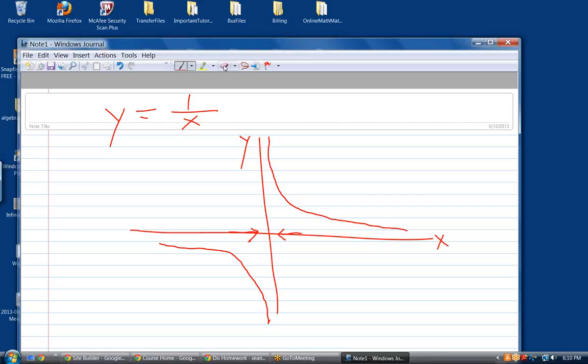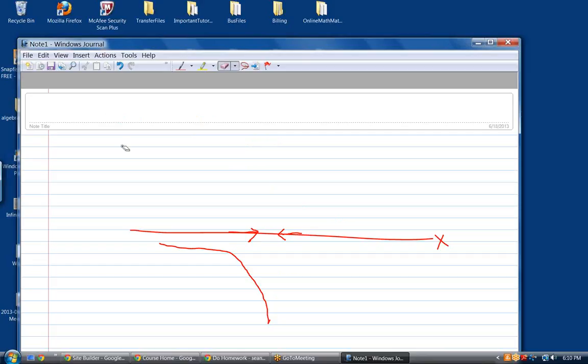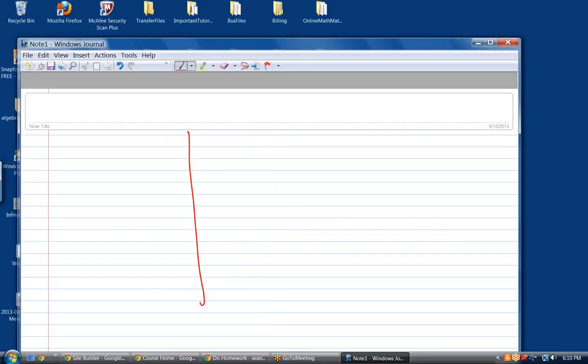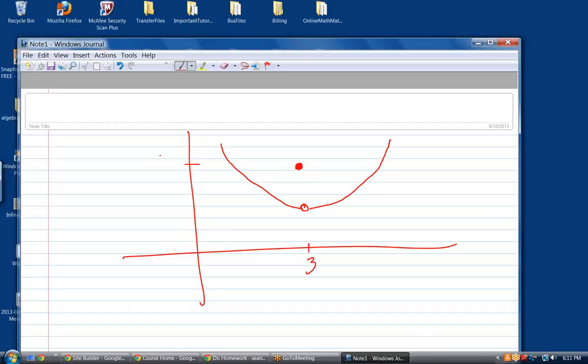Okay. Another example, let's look at a piecemeal type function. Something like the following. This is more of the classic that they usually use. Let's say we have a hole right there. So at 3, the value of y is 4. So if I have this function here, as we approach, what is the limit?